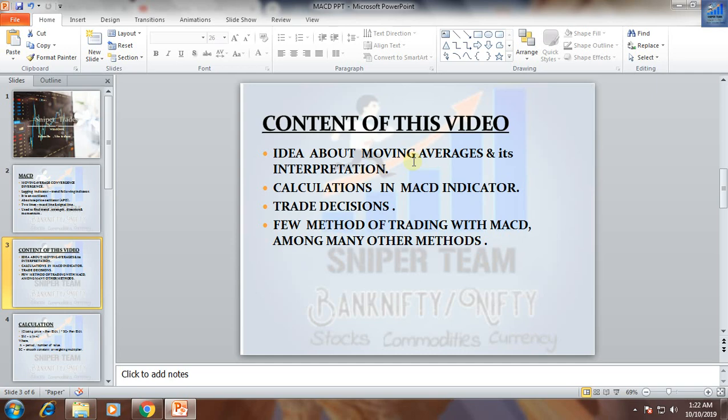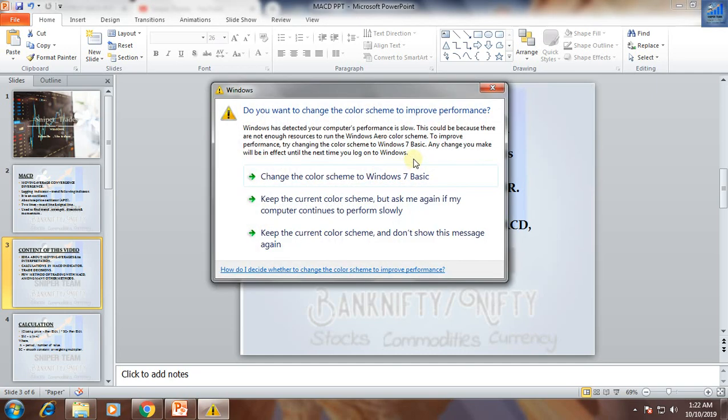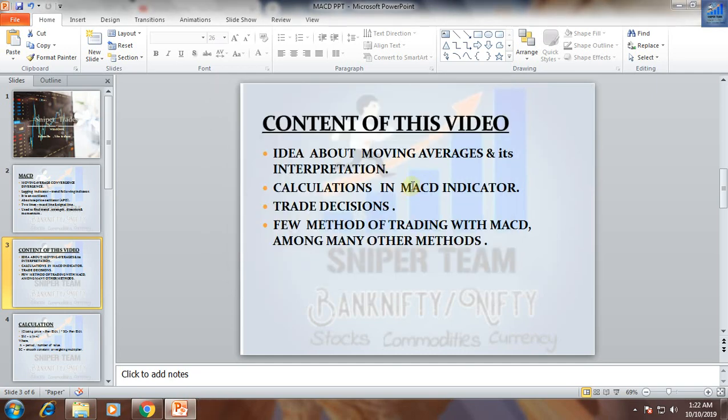So I am going to discuss the basic idea of moving averages, and show how the calculation is done for each line in the MACD, the signal line, and also the histogram.